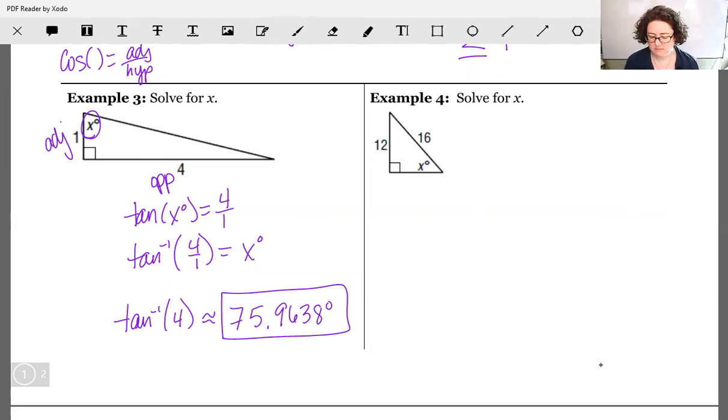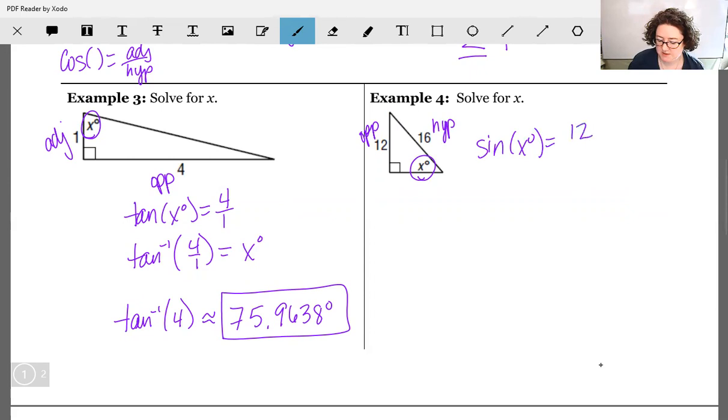Alrighty, number 4, you can identify your angle, identify your sides. 12 is our opposite, 16 is our hypotenuse. What uses opposite and the hypotenuse? That's sine. So sine of our angle x equals our opposite over hypotenuse. Again, I've got to play switcheroo.